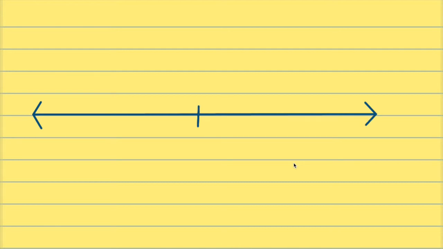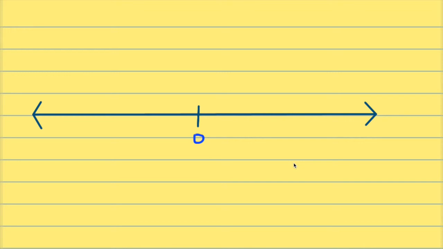Now there's something else I want you to notice on the number line. When we draw our number line, normally we use 0 as our reference point. And 0 is the perfect division between positive and negative numbers.